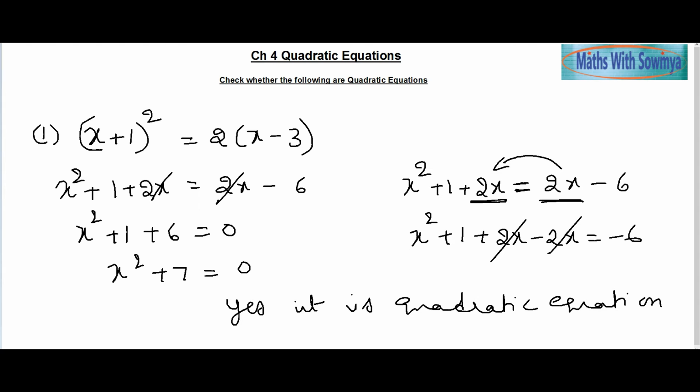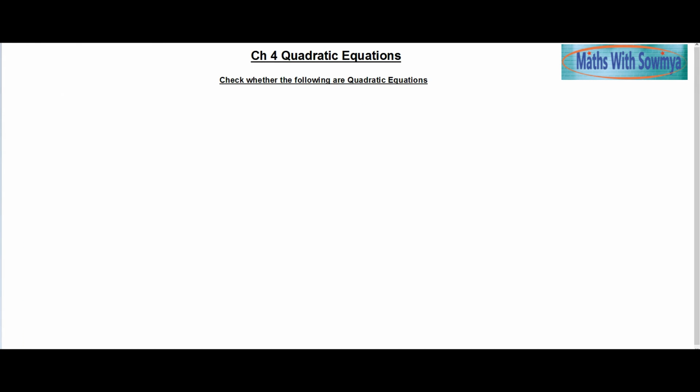Now let us go to the next question and try whether it is a quadratic or not. The second question here is x square plus 3x plus 1 is equal to (x minus 2) whole square. Directly by seeing, never say it is a quadratic or not.